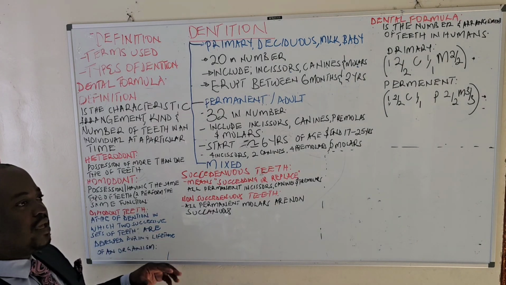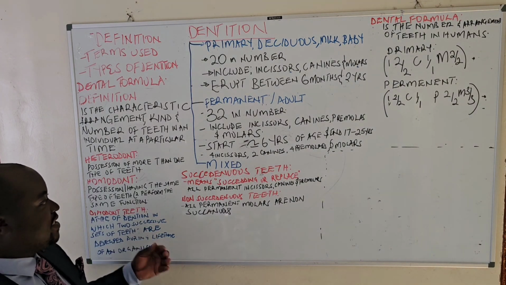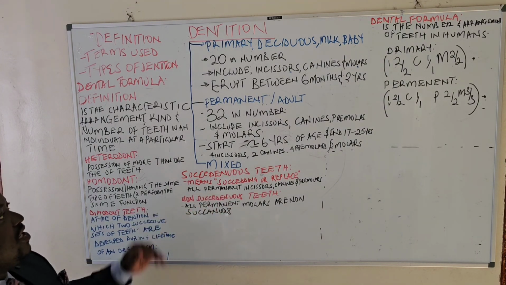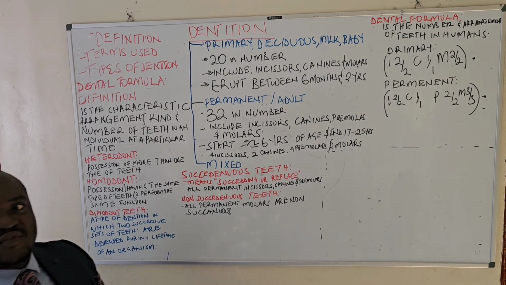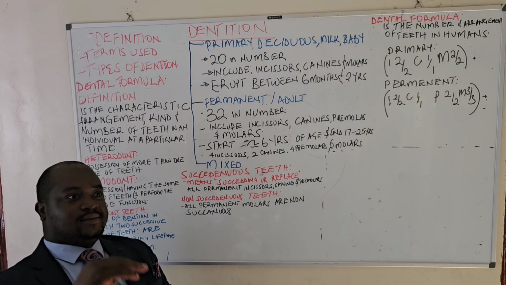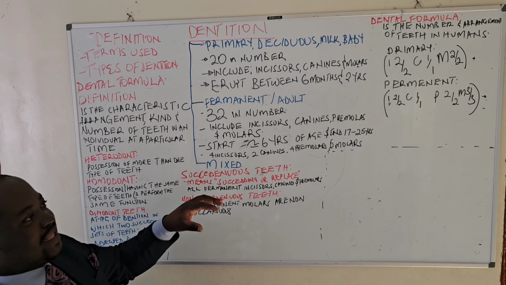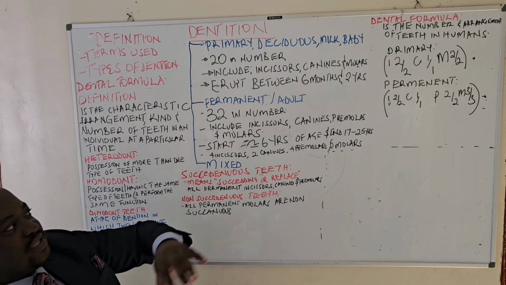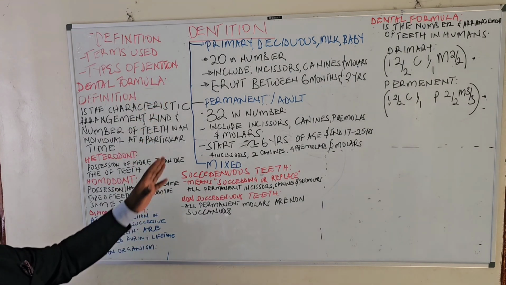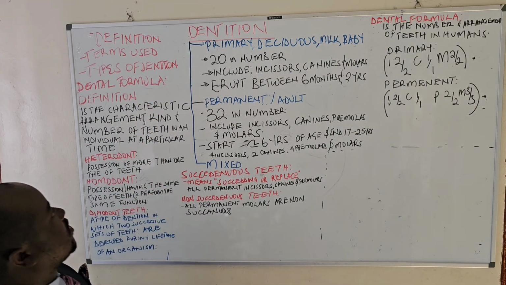In humans, we have primary teeth, which are successively replaced by the second set, as we shall see. So these are the terms we can talk about.